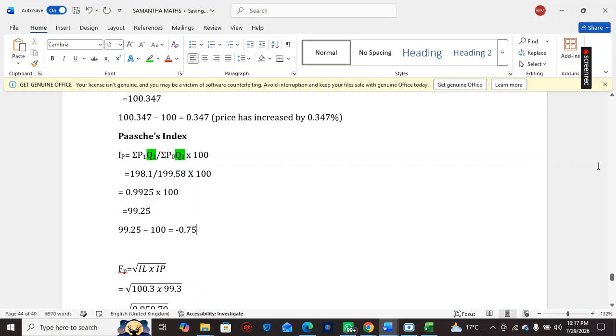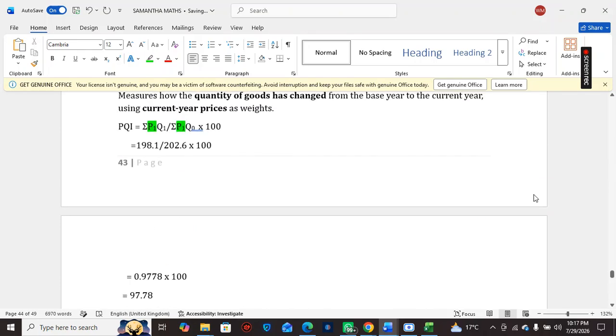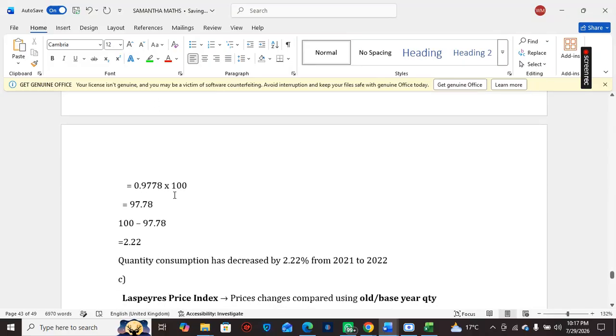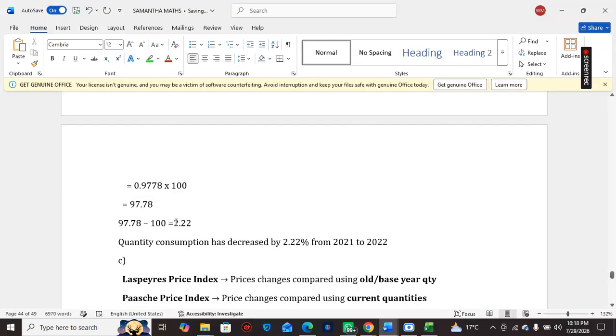Oh yes, colleagues, one thing I forgot to mention is even here when I was doing this, you put your index number minus 100 so that when you get a negative number, you even know that, okay, it's a decrease. So always use that format, okay, colleagues?